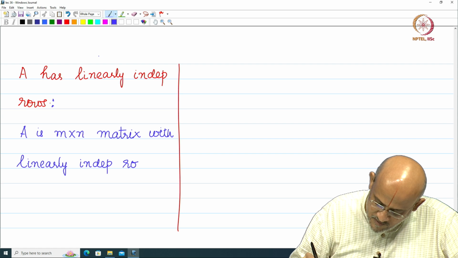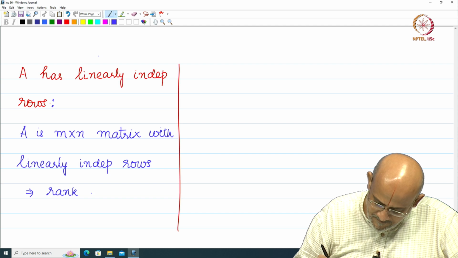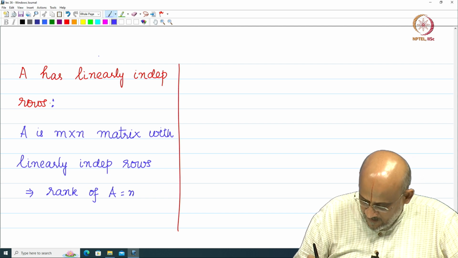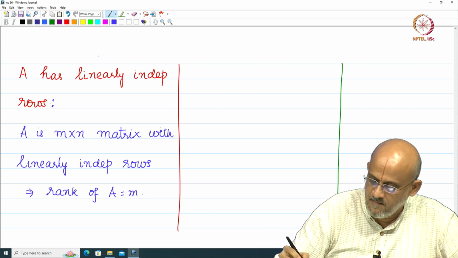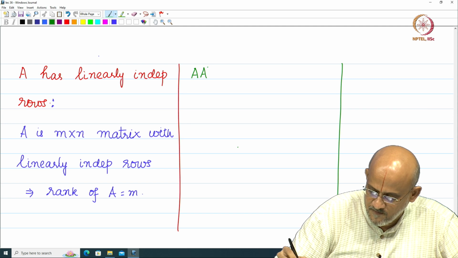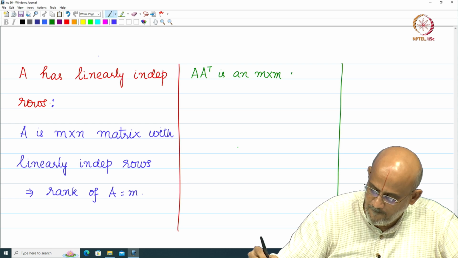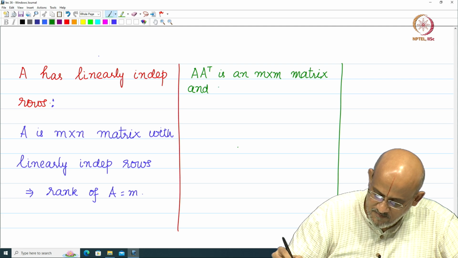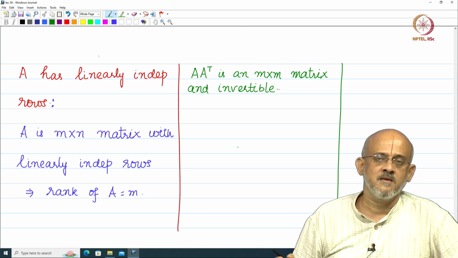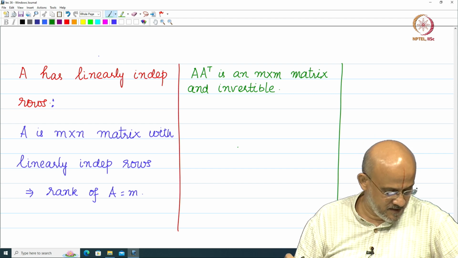That implies rank of A is equal to m, and in this case A A transpose is an m by m matrix and invertible.